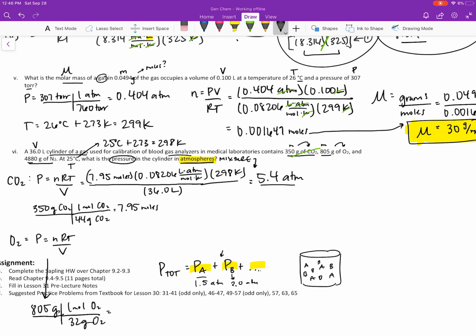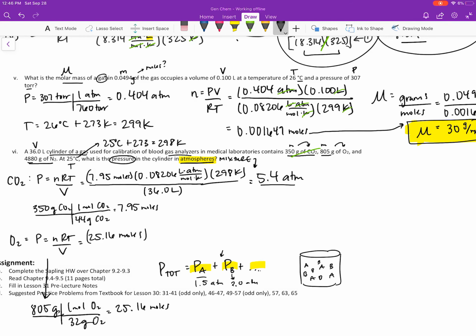And that's going to be 805 divided by 32, which is 25.16 moles. Again, these are intermediate answers, so I'm not worried about the sig figs.